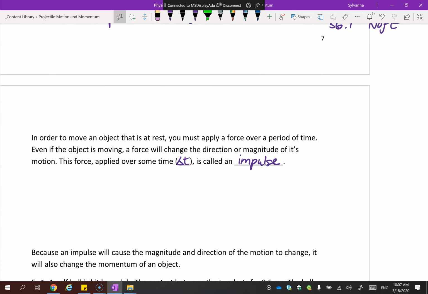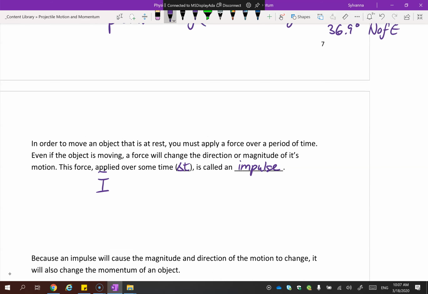Your impulse formula is going to be I for impulse. It is a vector, and it's equal to force times change in time, or you can state this as change in momentum.